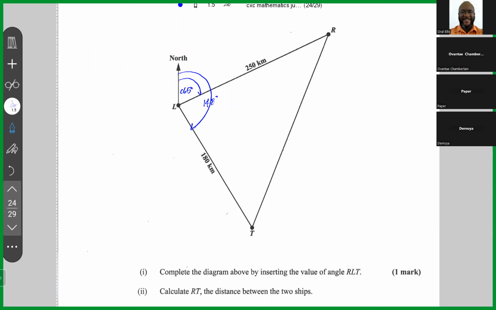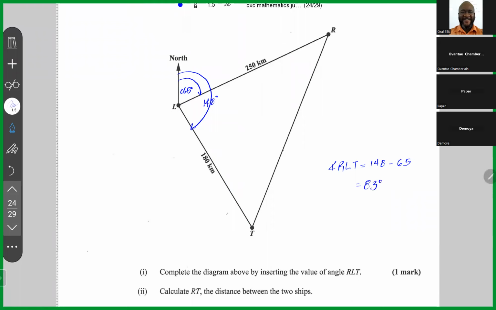The angle from north coming around to LT is 148. The angle between them, angle RLT, would be 148 minus 65. That angle is 83 degrees.